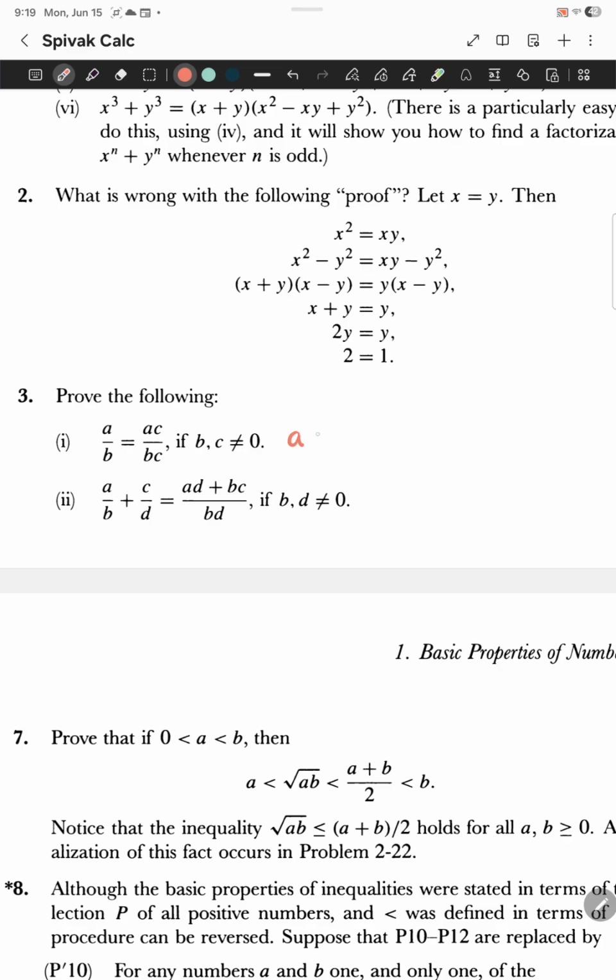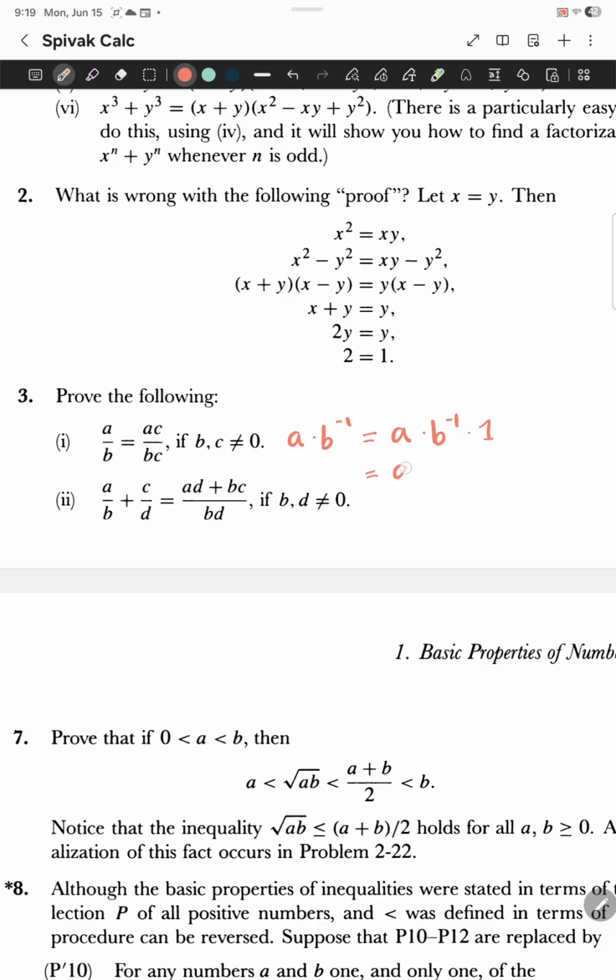a times a over b is basically equal to a times b to the power of -1, meaning 1 over b is just the multiplicative inverse of b. So let's start from here. a times b to the power of -1 is a times b to the power of -1 times 1, right?